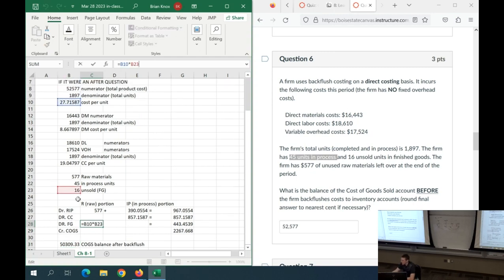Yeah, I took the number of units unsold and multiplied it by the overall rate. And you don't have to calculate this over, you could just sum these two. So we could multiply it by this plus this. We get the same thing. This right here? Or here? Yeah, it took units in process times the CC per unit.